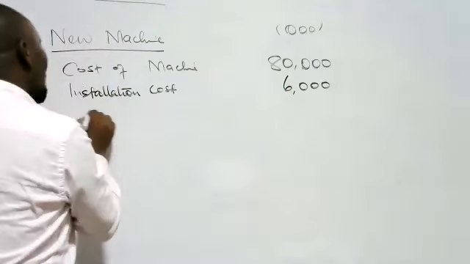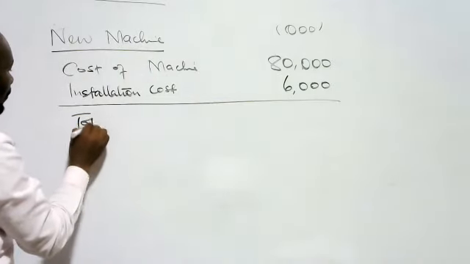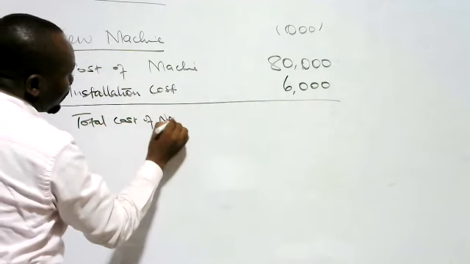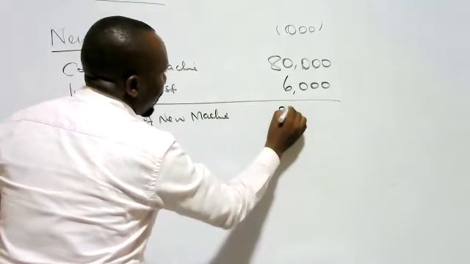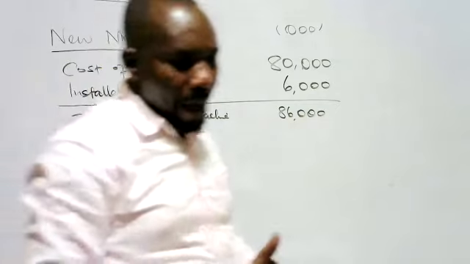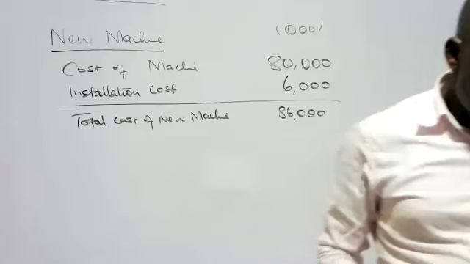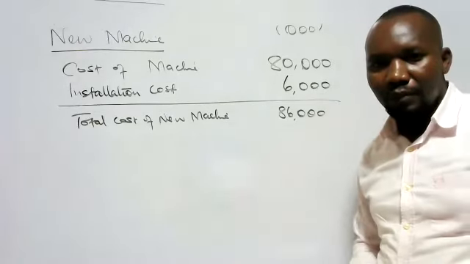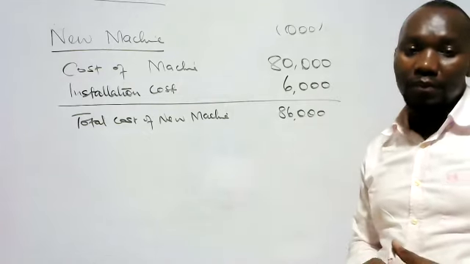So our total cost of the machine is now 86. We are being told that we bought this machine at 86 million. That is the total cost, which we shall depreciate if we will have to.